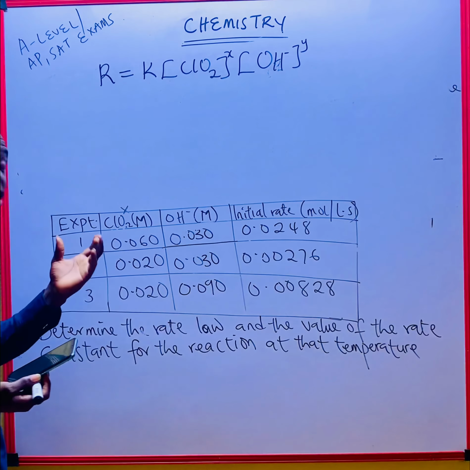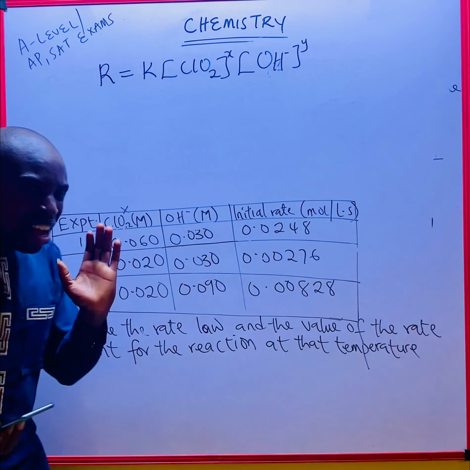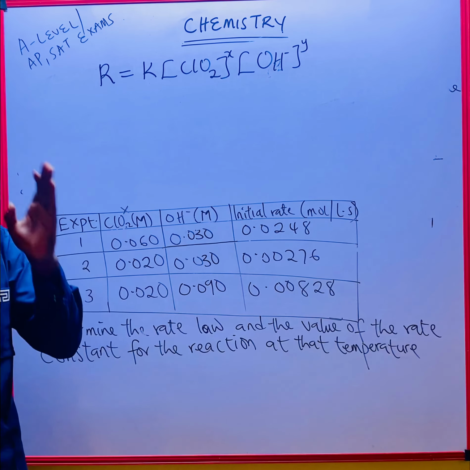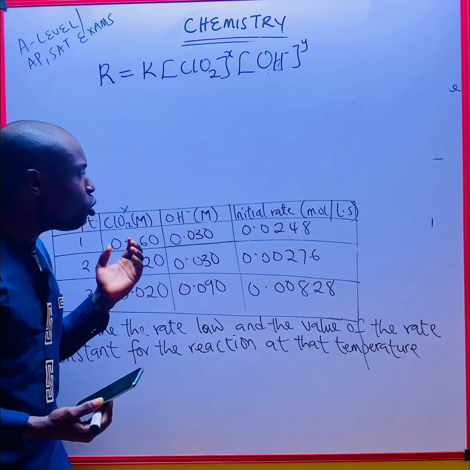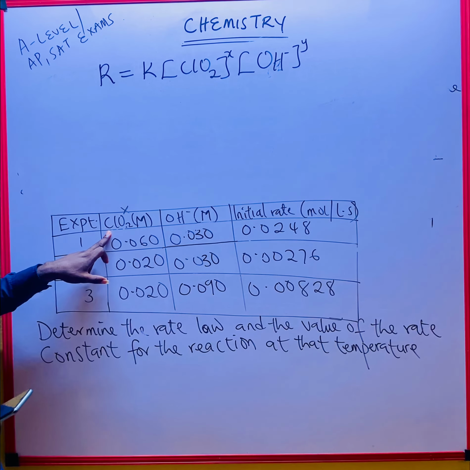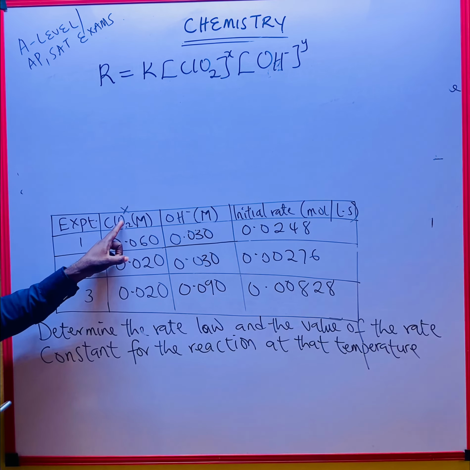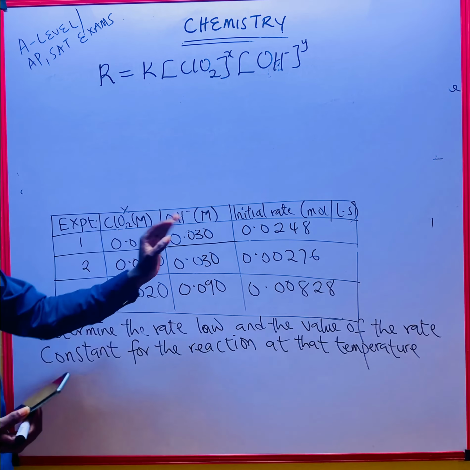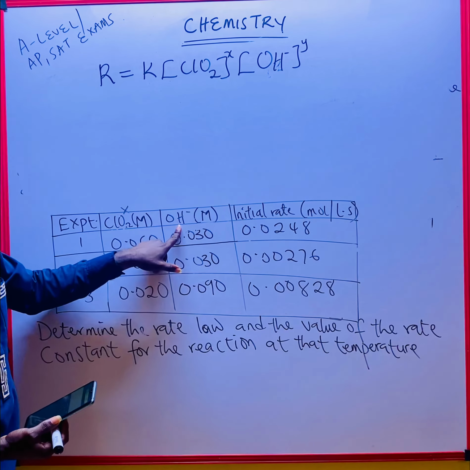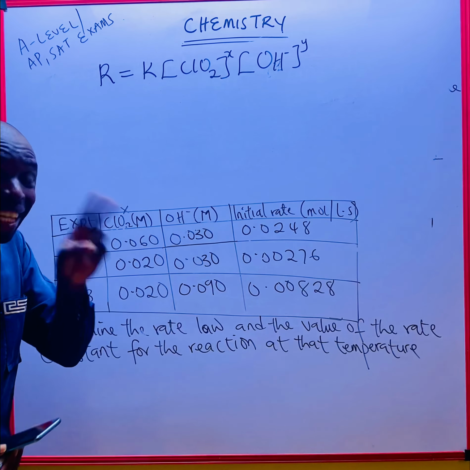Now, listen, it is actually very simple. How do I address this issue? Please be very careful. If I'm looking for the order of chlorine dioxide here, I will have to check the hydroxide ion where two experiments conducted were the same.